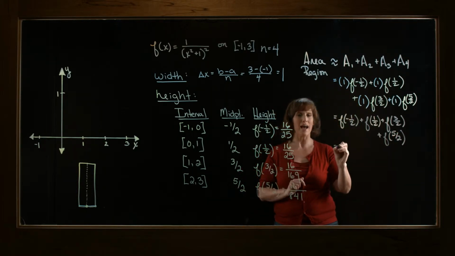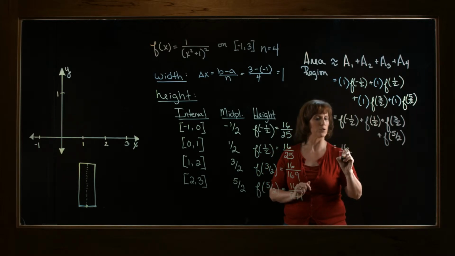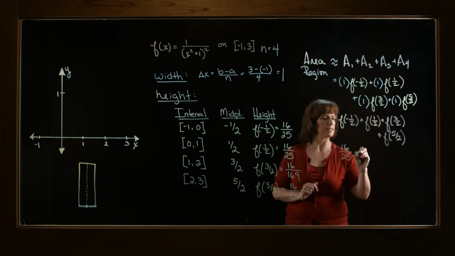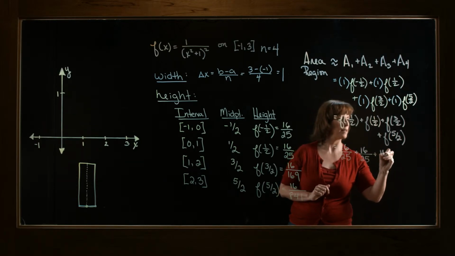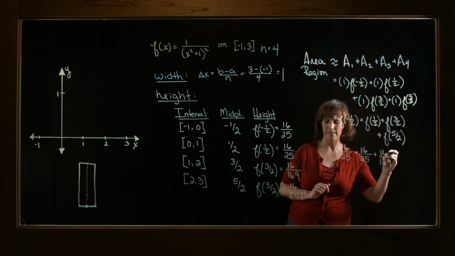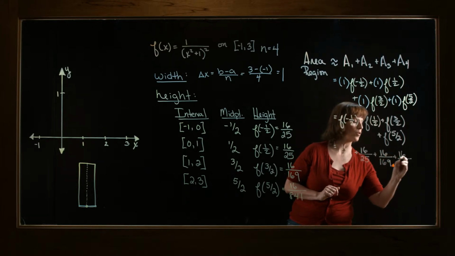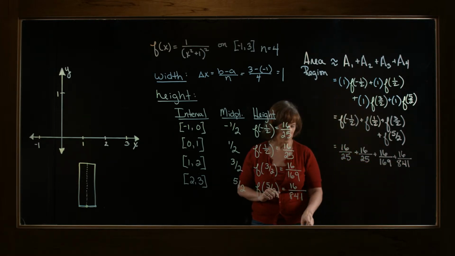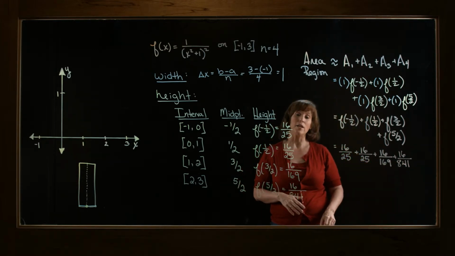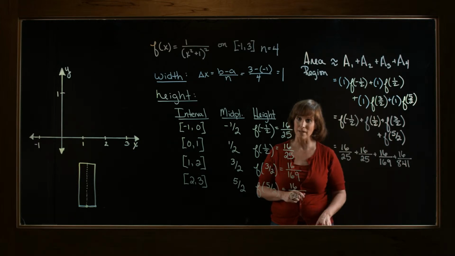With some number crunching, I will get 16 over 25 plus 16 over 25 plus 16 over 169 plus 16 over 841. Now at this point, you might want to pull out your calculator.